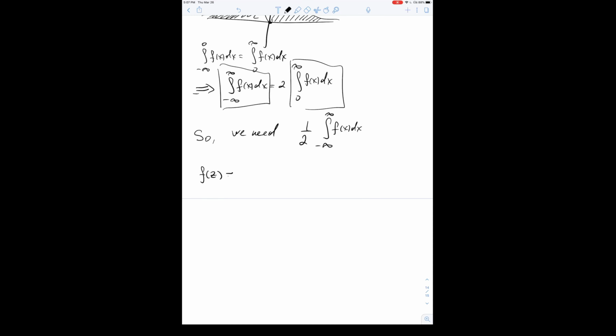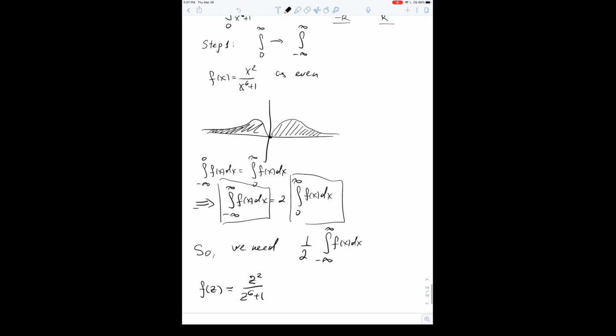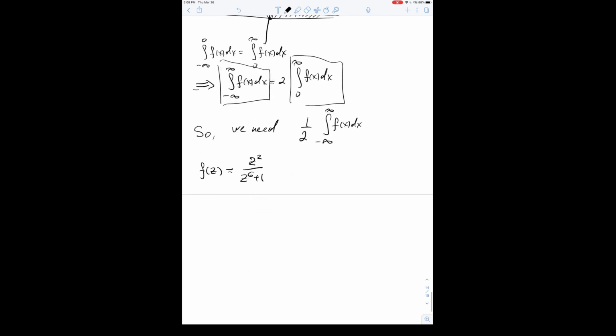We can realize that instead of x, we can just plug any complex number, except that this function over here, f of x, is a really decent function because the denominator is never 0 for a real x. This function f of z is not so decent anymore because occasionally the denominator is equal to 0.